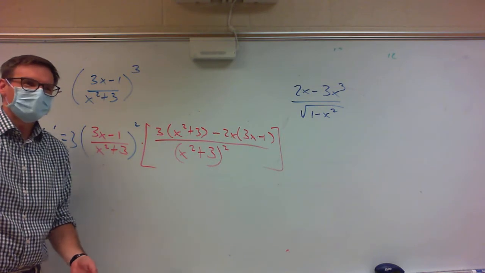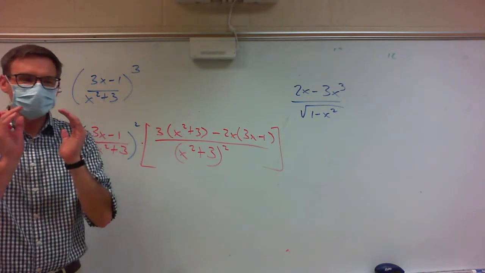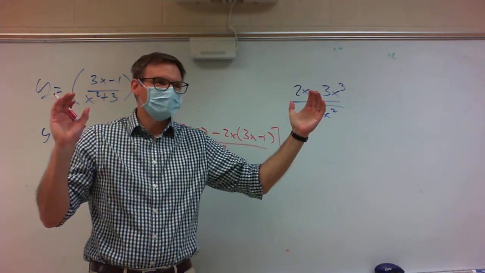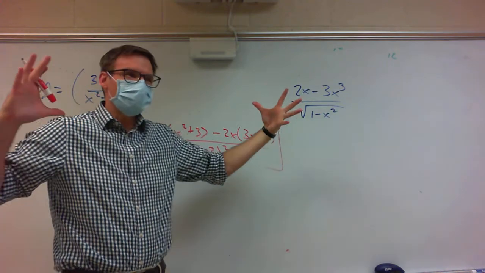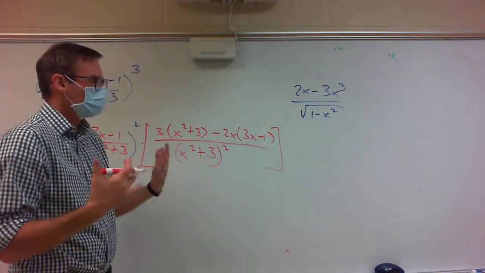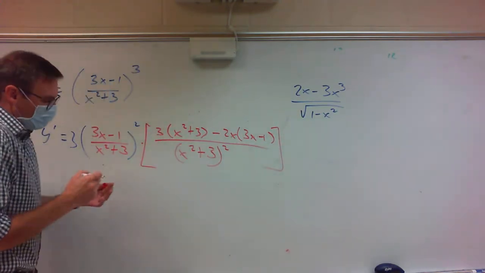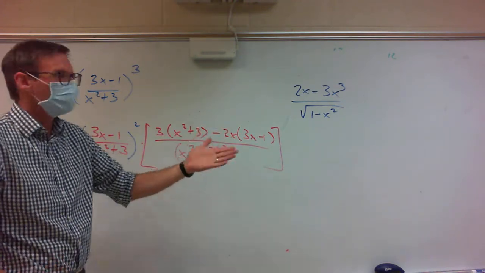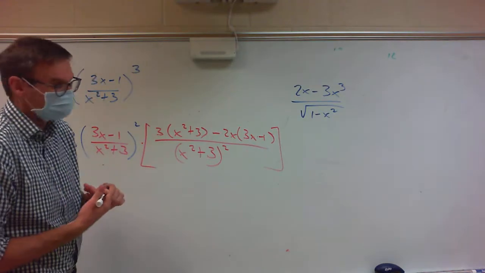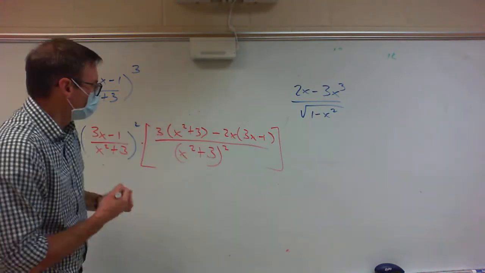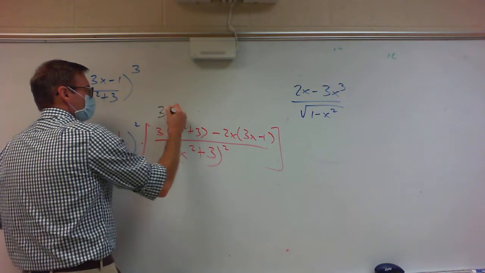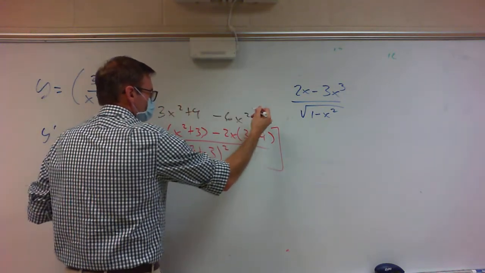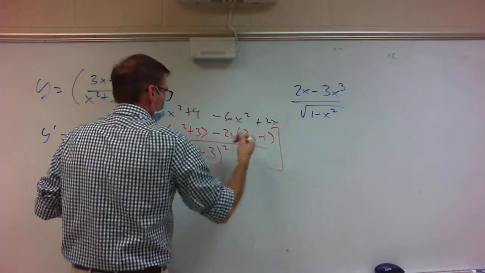Now, yay. We've started with something that was this big. We took the derivative and now it's this big. And now we have to make it small again. We have to clean this up. So how do you go about cleaning it up? Well, the good news is this is actually easier to clean up than the previous problem, or at least I think it is. We just have to clean up the numerator. That's 3x squared plus 9 minus 6x squared plus 2x.